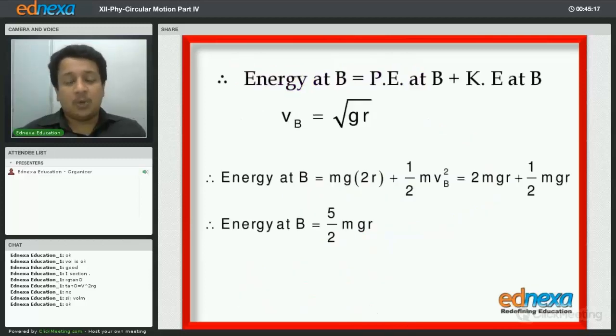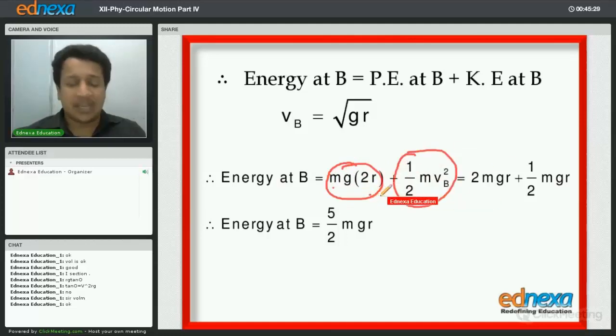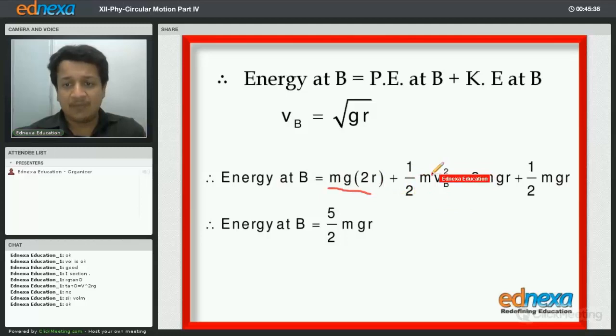Energy at B is equal to potential energy at B plus kinetic energy at B. So what is the formula for energy? Potential energy mgh, kinetic energy half mv square. For point B, height is how much? Just as we discussed, height is 2r, is it right? So mg2r plus half mvb square. What is the value of Vb? Value of Vb is root gr.